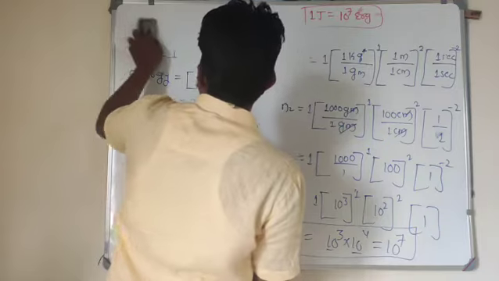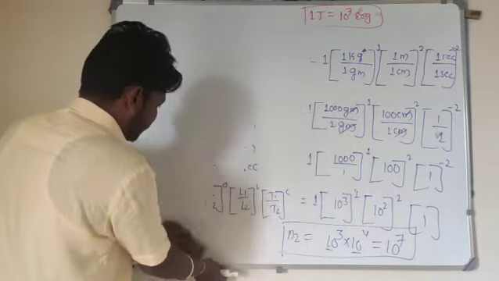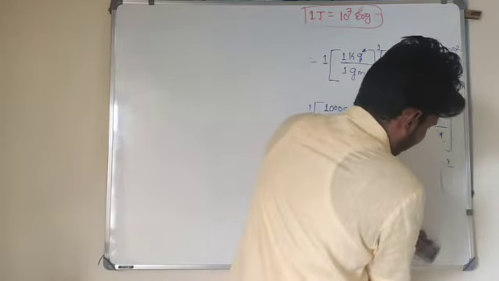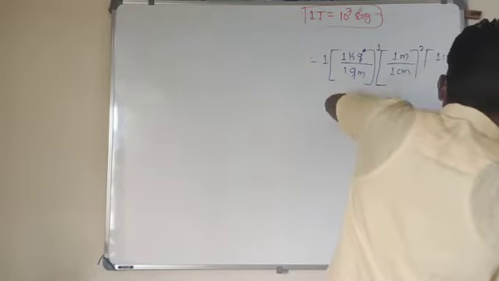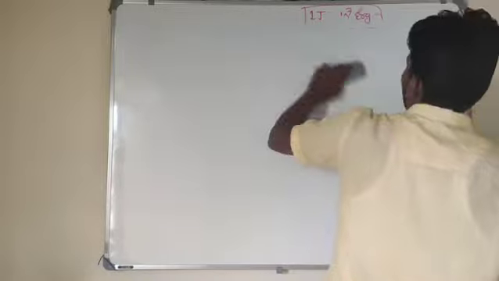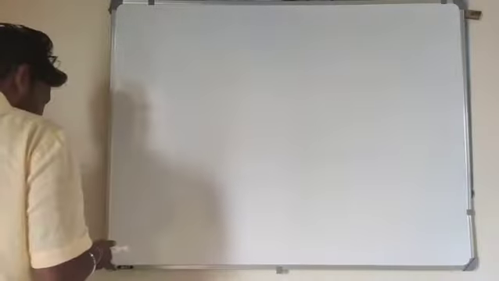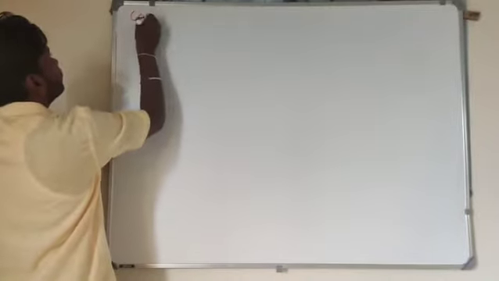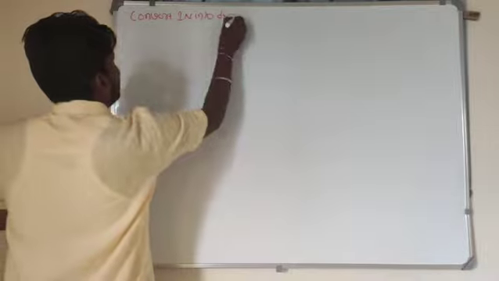So I can convert 1 Newton into dynes here. Look at here, another example I will take. I can consider two systems here. One is MKS, another one is CGS. So they give the question: convert 1 Newton into dyne.